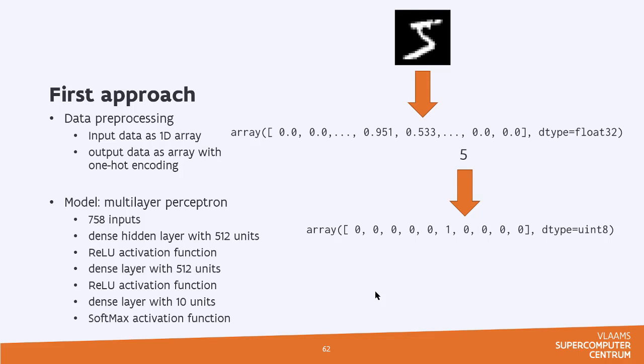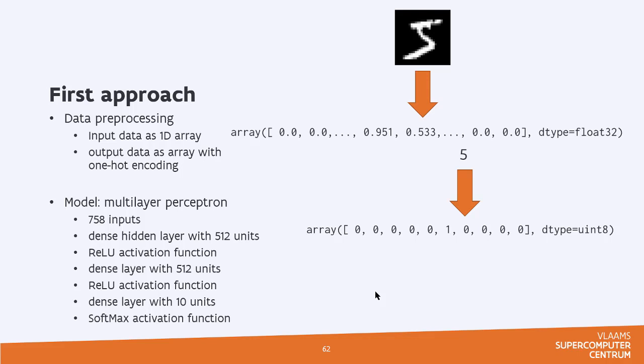Again, this is dense. For the output of those second layer units, we again use a rectified linear activation function, and we feed the output into the input of a third dense layer, but with only 10 units.